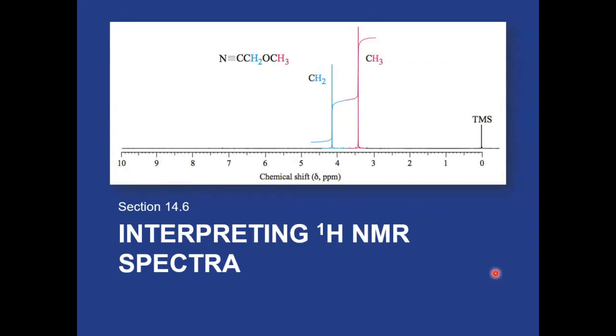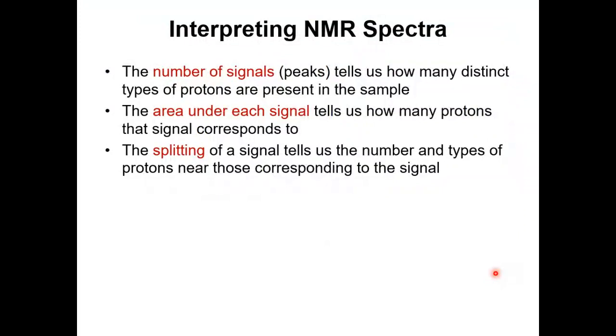So we need to learn how to decode the proton NMR spectrum. The proton NMR spectrum tells us three types of information other than chemical shift value. Chemical shift value is always important because it tells us the possible local environment of the signal of interest.